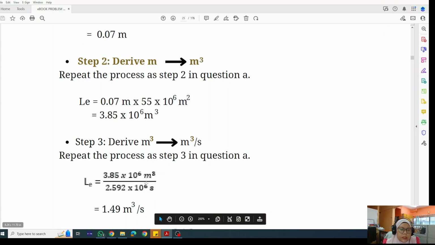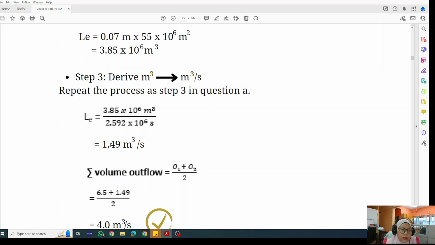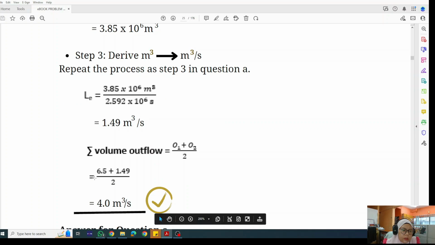So you will get the new O2 equals 1.49 meter cube per second. When you get this value in the same unit, you can calculate total outflow. So at the end, you will get total outflow equals 4.0 meter cube per second.